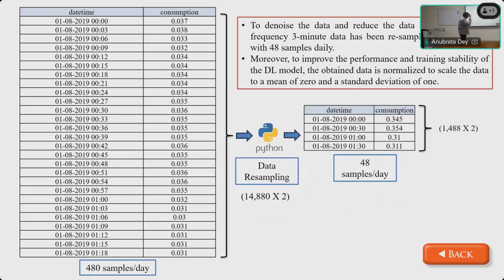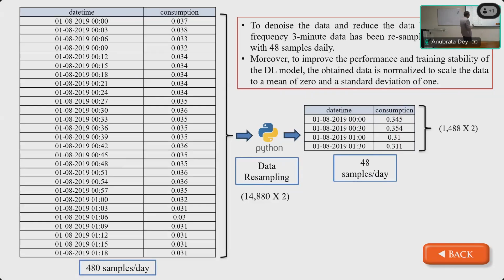Once you do that, the data which we have gathered is 480 samples per day, which is very high. So we want to reduce this data to one-tenth of that.